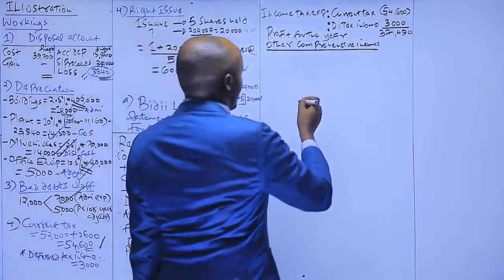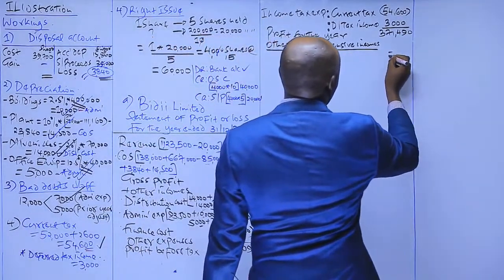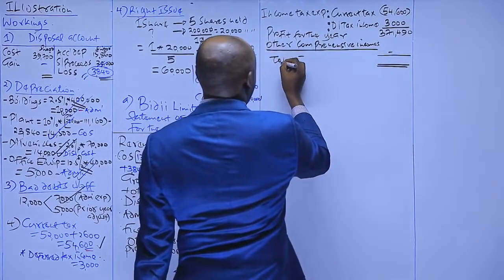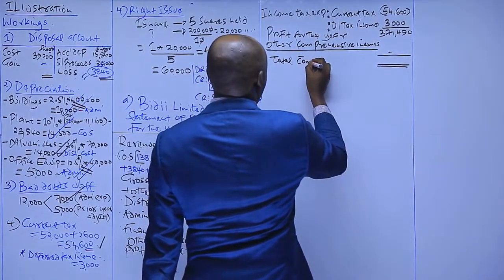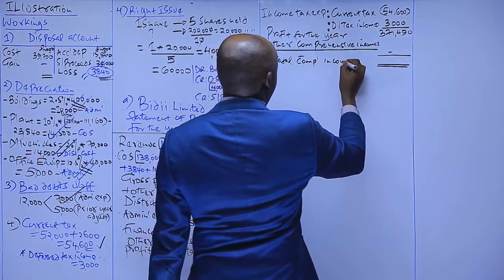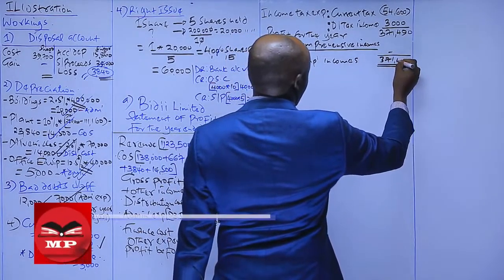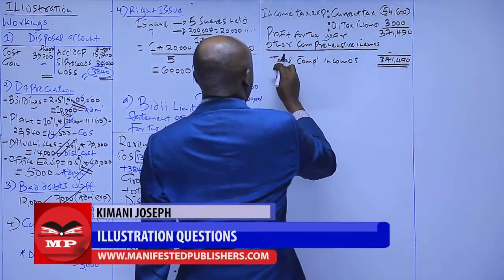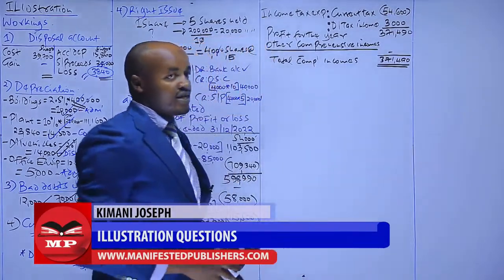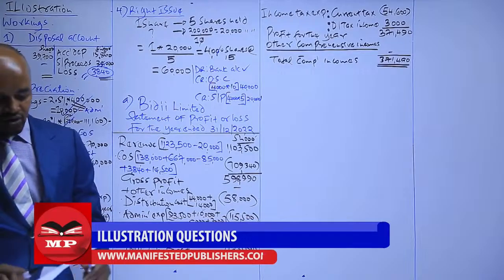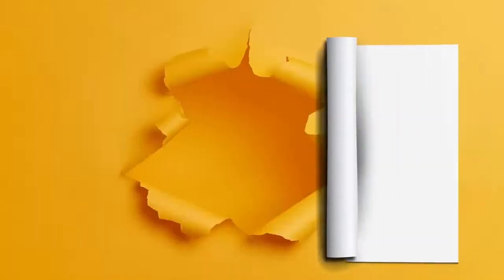But in this particular question, we don't have any other comprehensive income. So our total comprehensive income will be the same as the profit for the year, 371,490. That's what was required for part A of that question.